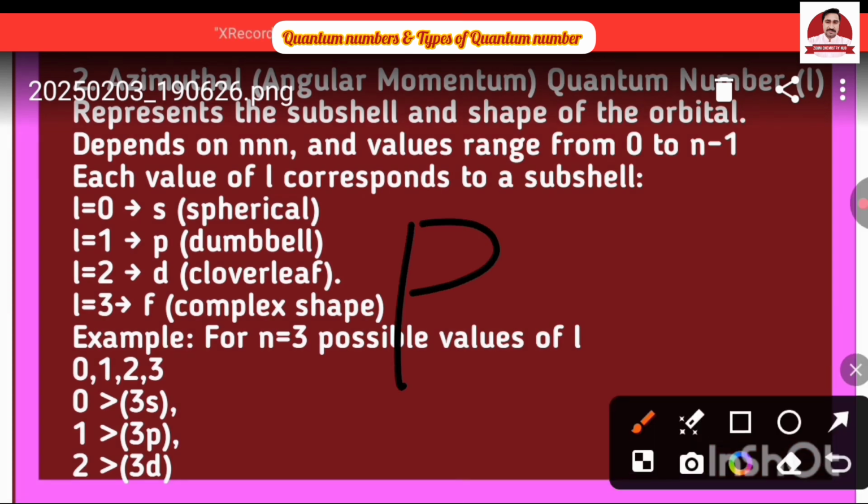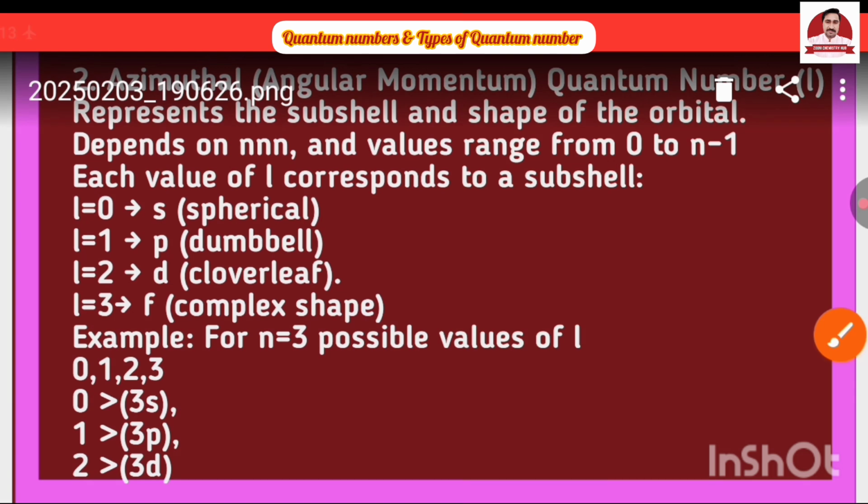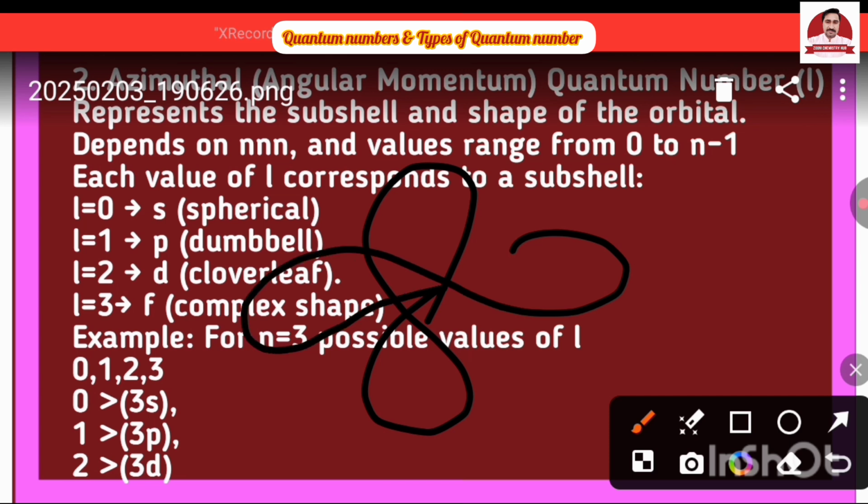The p orbital has a dumbbell shape like this, and there are 3 p orbitals: px, py and pz. And when l is equal to 2, it is the d orbital, which has a clover leaf shape like this.